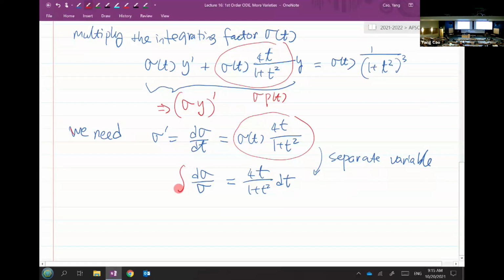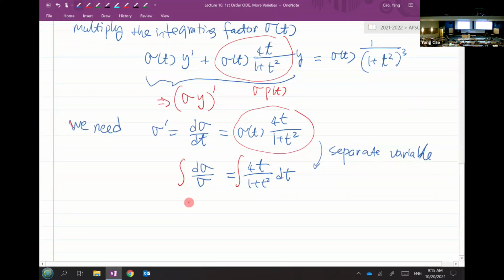So now you can integrate both sides to solve for sigma. Left side gives you ln sigma. So over here, you don't have to be very rigid now. Technically, you should put an absolute sign here. But remember what we said is we just need one function sigma. So we don't have to be bounded by that absolute sign. So ln sigma equals the result of this integral.